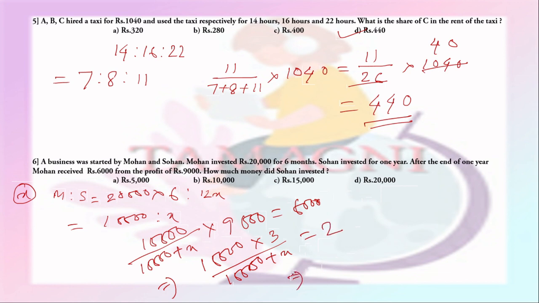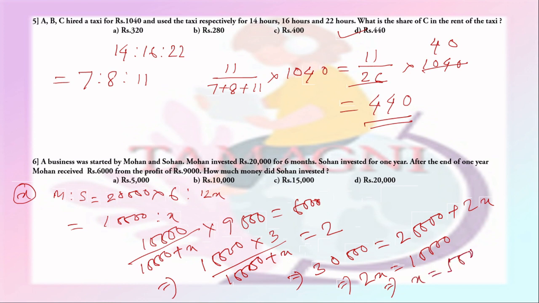This gives 30,000 equal to 20,000 plus 2x, which gives 2x equal to 10,000, which gives x equal to 5,000. So Sohan's investment was 5,000. That is option A is the right answer.